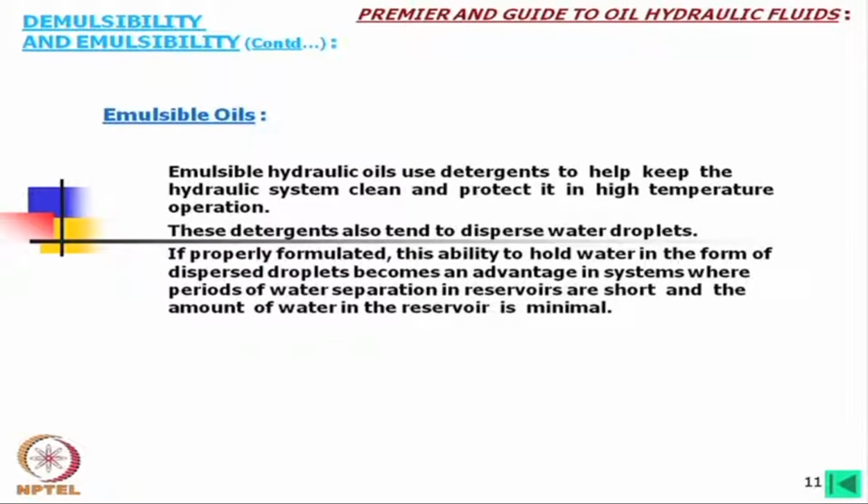If properly formulated, this ability to hold water in the form of dispersed droplets becomes an advantage in systems where periods of water separation in reservoirs are short and the amount of water in the reservoir is minimal.